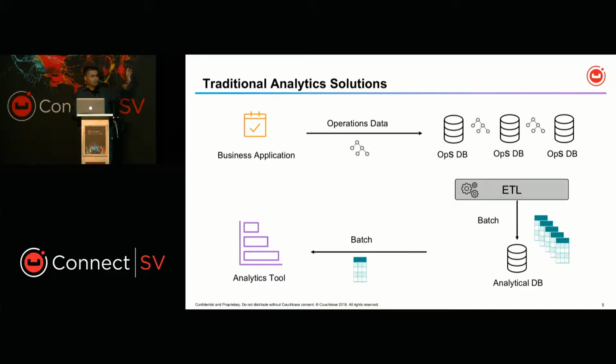It starts at the top left-hand corner where you have a business application. A business application is generating a bunch of operational data. That operational data is in many cases JSON. When you have the ability to store JSON documents like you do with Couchbase, you're storing it in that natural JSON format on the Couchbase cluster.